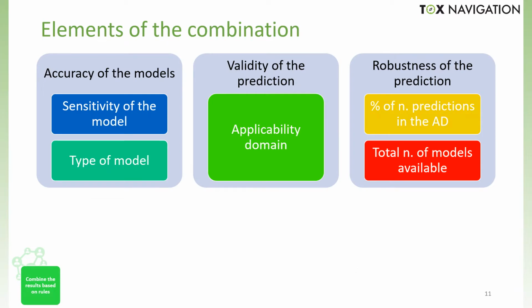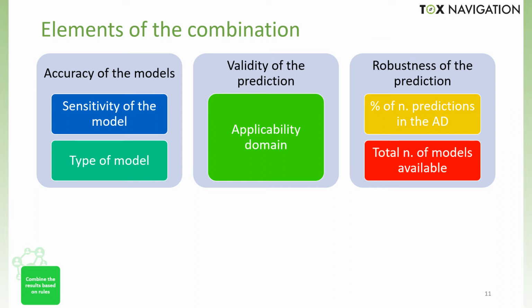Once normalized, the predictions of the various models are combined, taking into consideration the accuracy of the models in terms of sensitivity of the model, so the ability of the model of predicting the positive, and the nature of the model itself. As an example, as the rule-based models are known to result in too many false positives, they are mainly used to confirm a positive prediction.